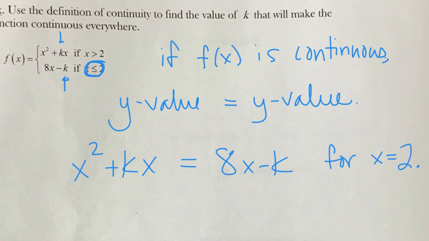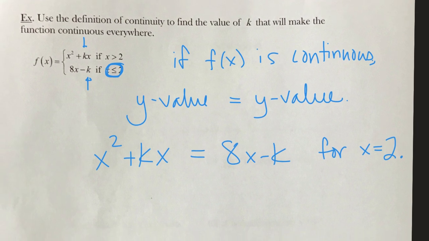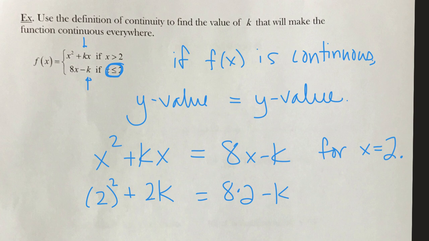For x equals 2. Okay? The y value from the top equation needs to equal the y value from the bottom equation for x equals 2. Okay? So let's do our substitution. 2 squared plus 2k equals 8 times 2 minus k.